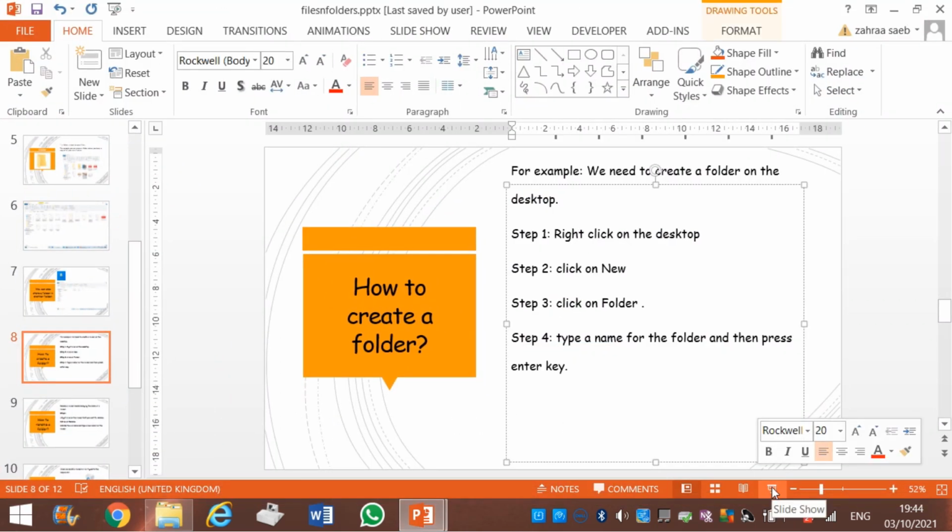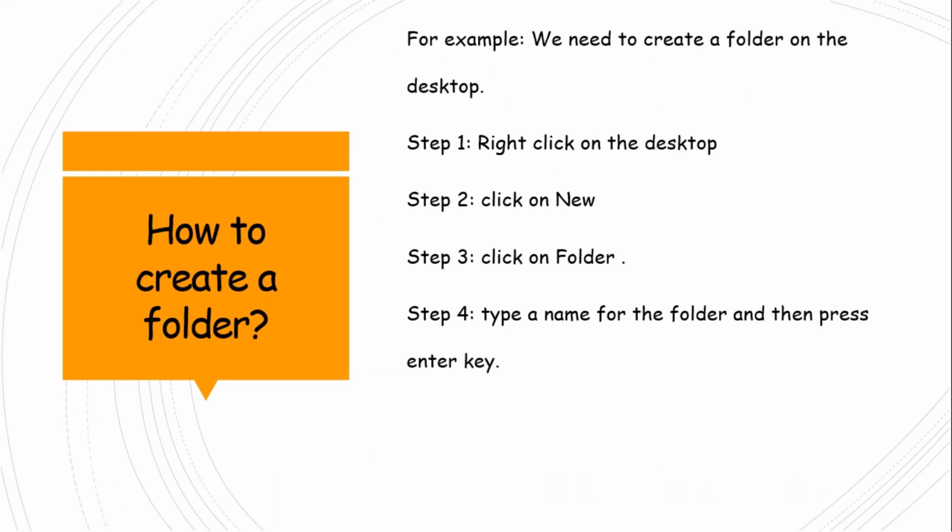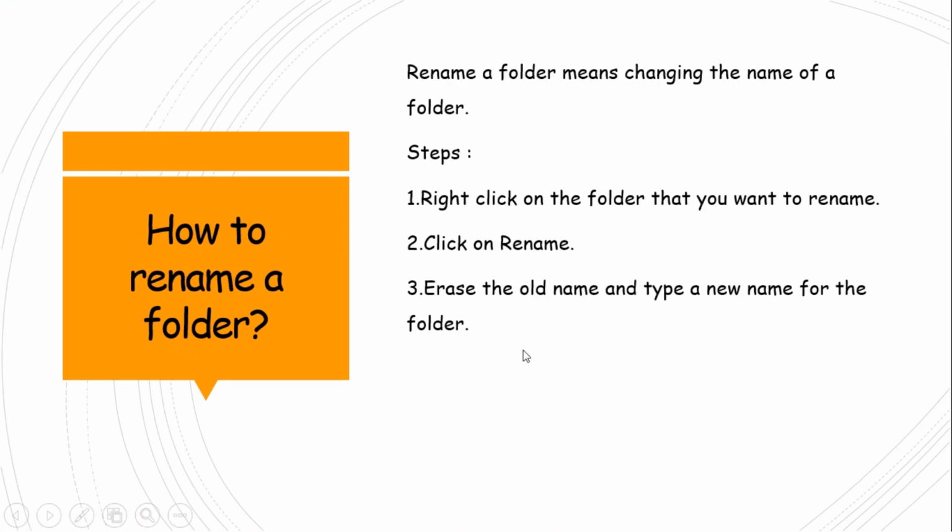Next, how to rename a folder. What is the meaning of rename? Rename means to change the name of the folder. So how do we change the name of the folder?